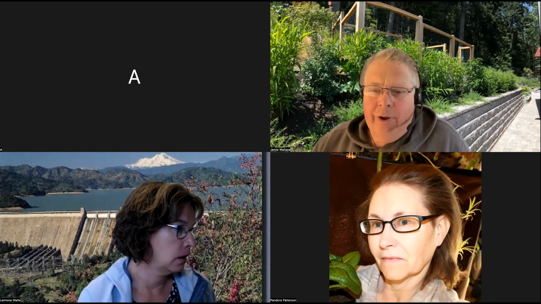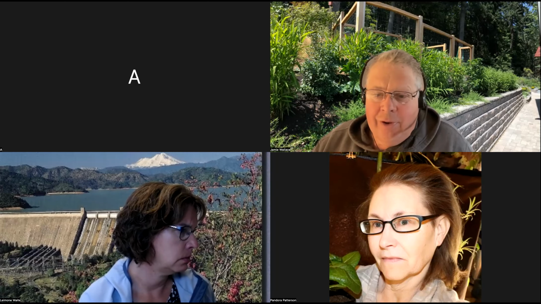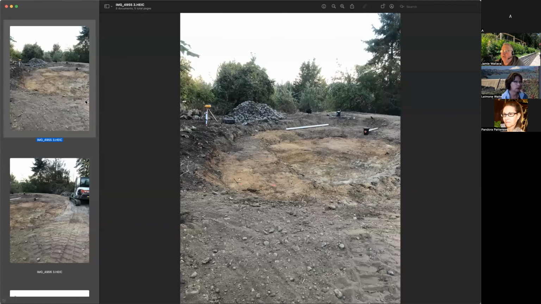Yeah, and the reason, again, I'm going to show you this plays into what we were talking about. So about 20 years ago, we built a pond in this location, and it wasn't very deep, and it served us well and our ecology well for years, and it was time to do something different here.